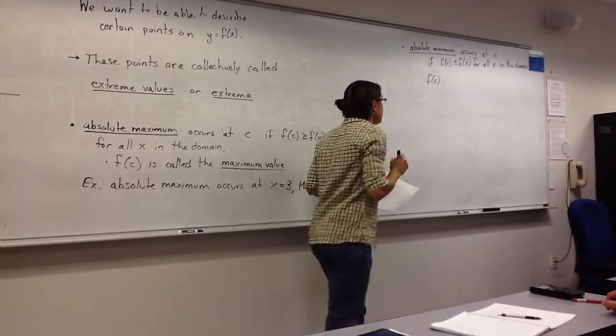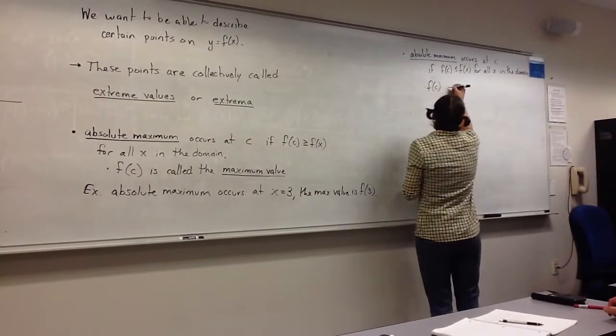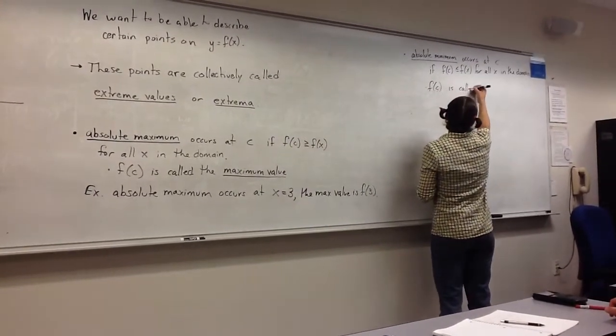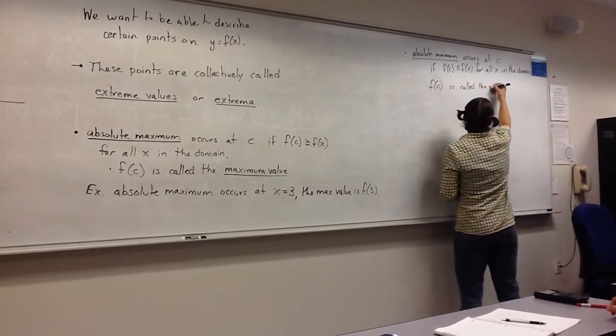When this is the case, then we say that f of c is called the minimum value.